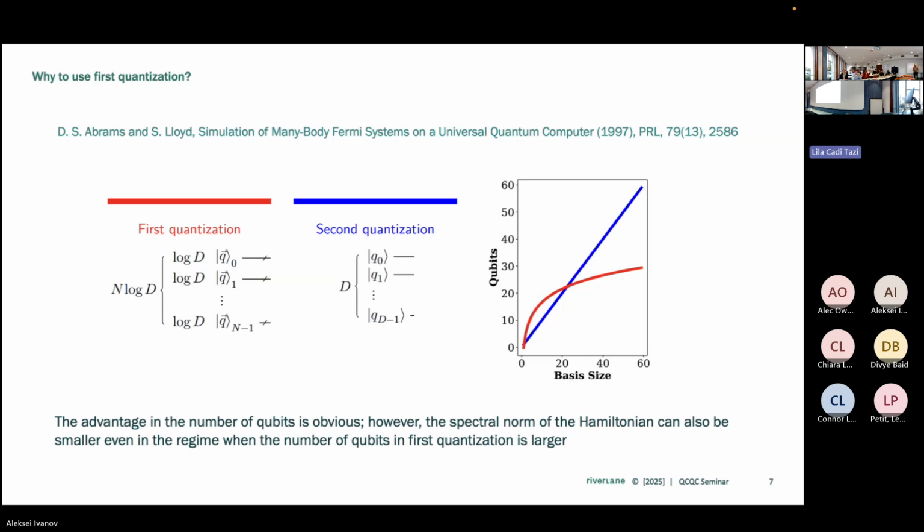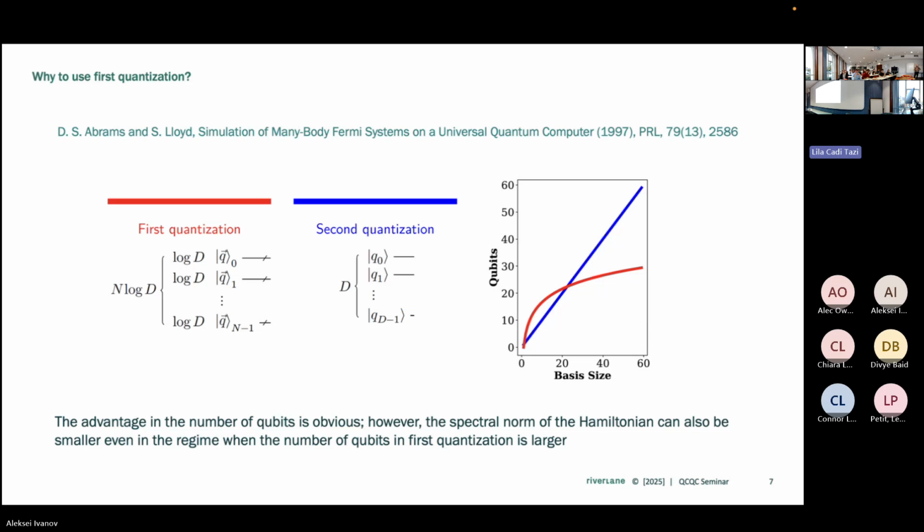So the number of qubits scales linearly with the number of basis functions. Then in first quantization you have explicit dependence on the number of electrons n, and for each electron you specify what orbital this electron occupies, and because there are d orbitals, you just need to enumerate them. You only need log d qubits to have a binary representation of this orbital.